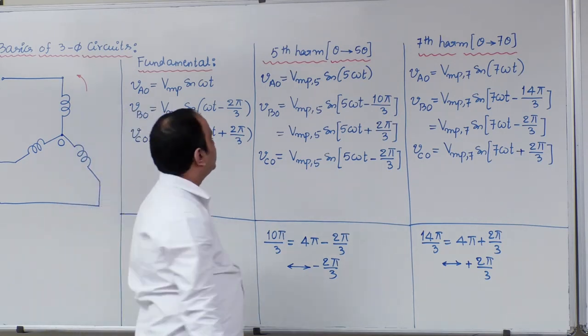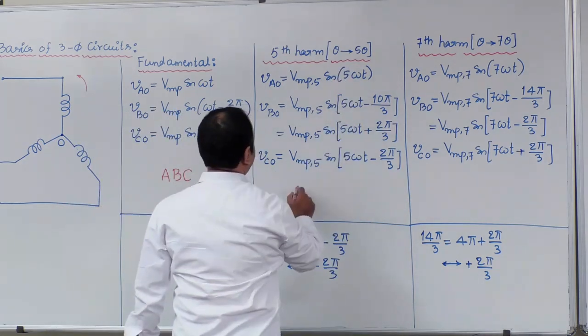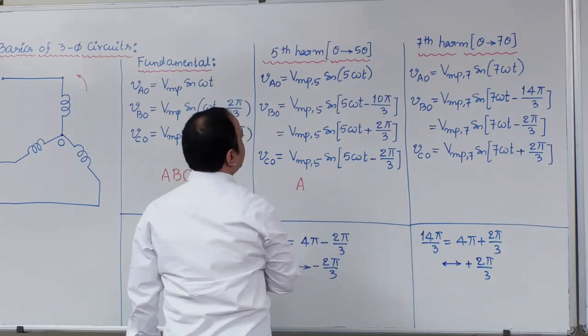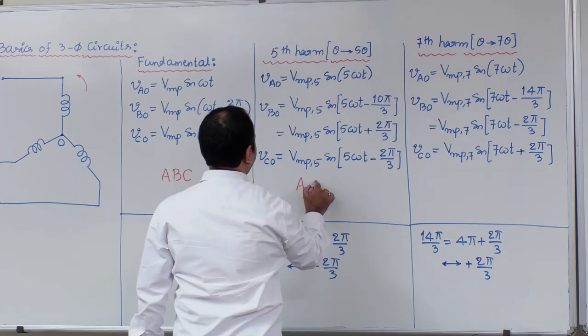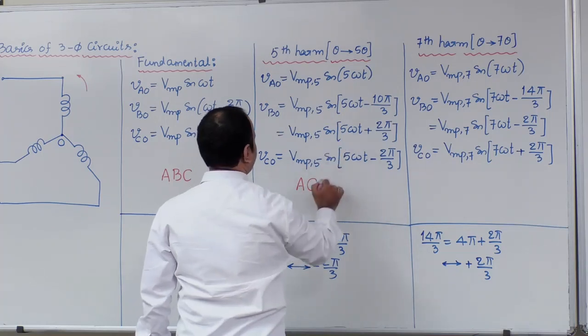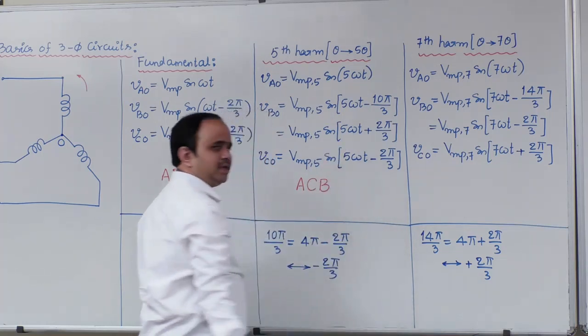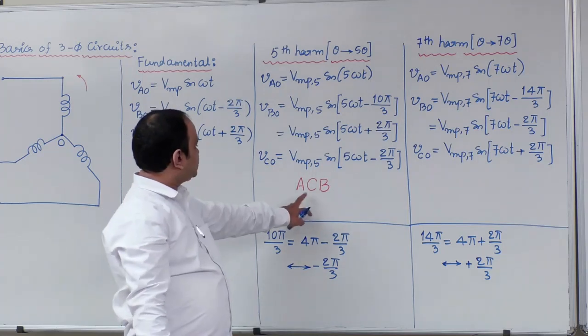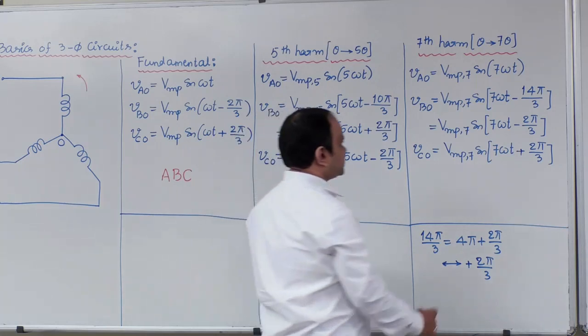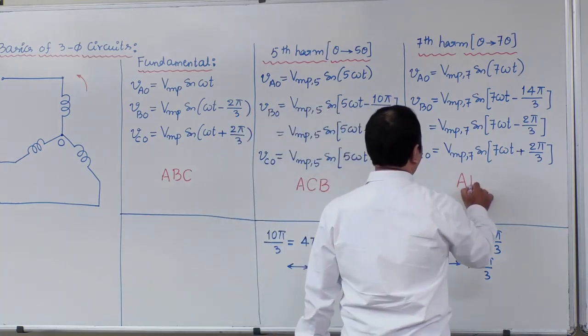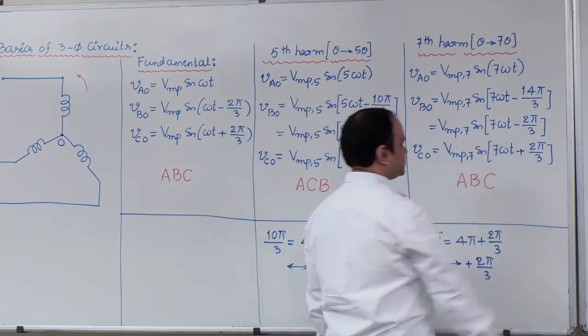Now, for the fifth harmonic component we can notice the phase sequence as A, after 120 degrees C is coming, after another 120 degrees B is coming. Now the phase sequence is A, C, B. For the seventh harmonic component, what is the phase sequence?